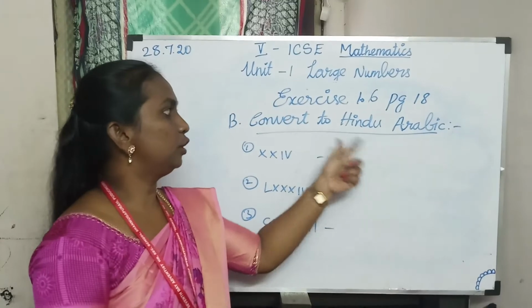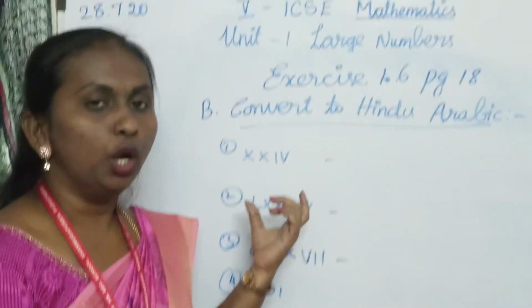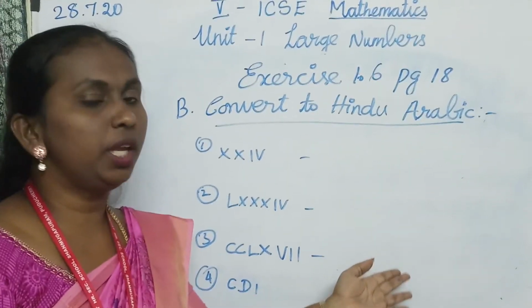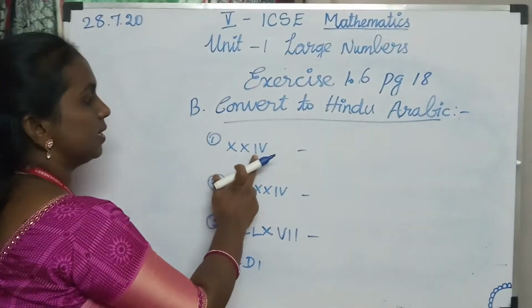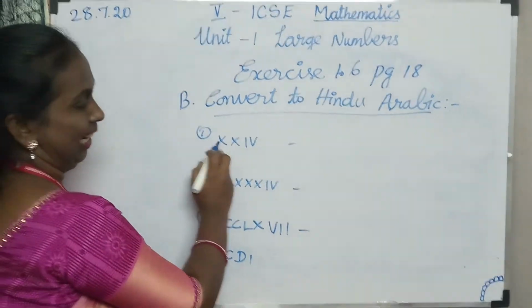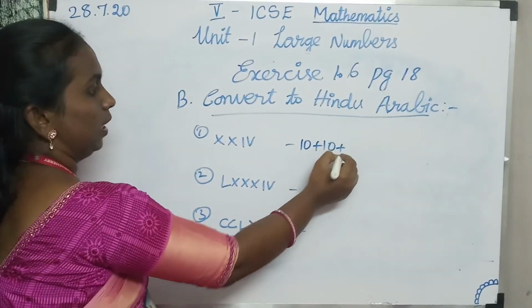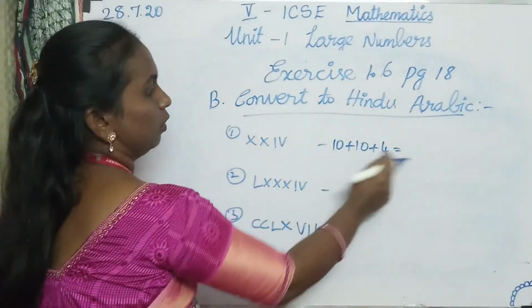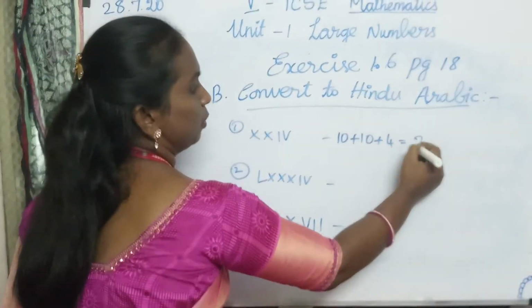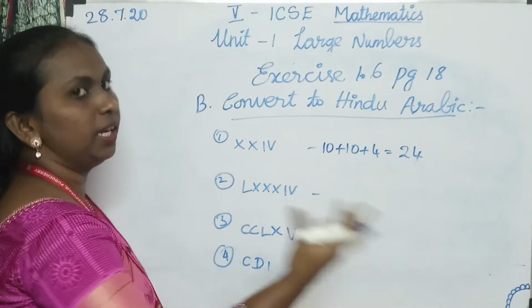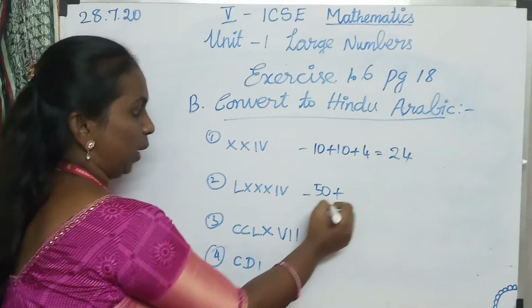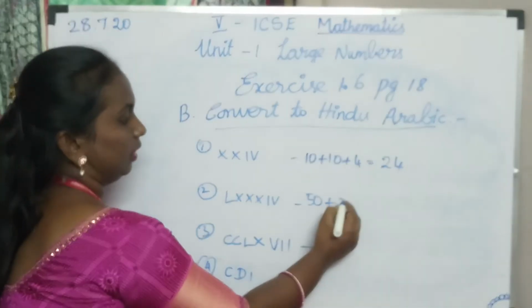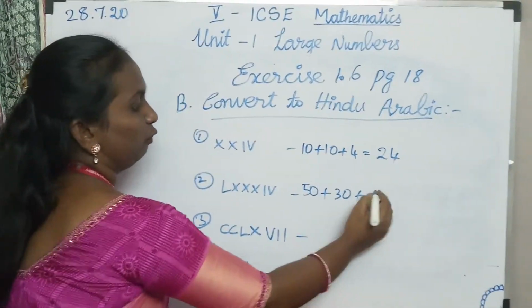Roman letters converted to Hindu Arabic. They have given a Roman number, and we are going to convert it into a Hindu Arabic number. So the first thing, see here: X, X, I, V. X for 10, so 20 plus 4, totally 24. This is the easy way: when we split the number, we get the answer. Coming to the next one, L for 50, then X, X, X, 30 plus 4.